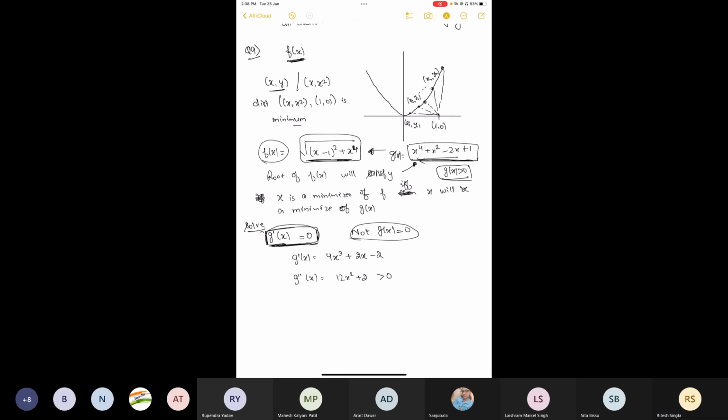It is always positive, right? So this is the usual trick to find the minima. We say that x equals c is a minima of g if g prime of c equals 0 and g double prime of c is greater than 0, right? Which is getting satisfied here. So we have to solve this equation.